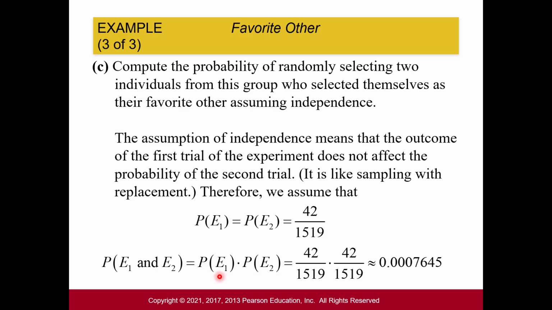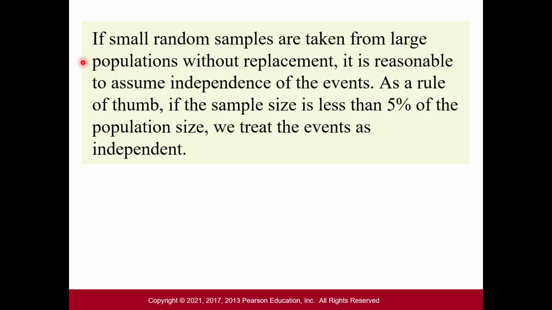So that's just the individual probabilities being multiplied. So notice we didn't have to take away 1 from the total sample and take away 1 from the 42 as well. And so it's just changed our number slightly, 0.00076, or about 0.07%.